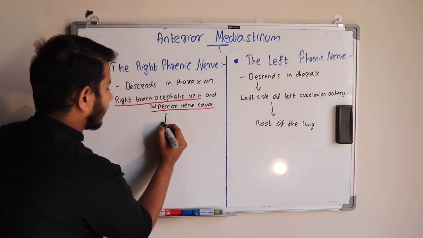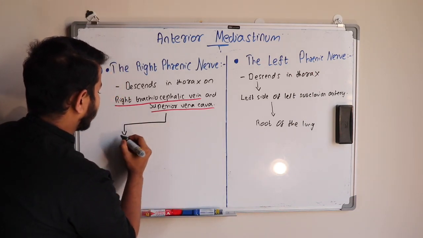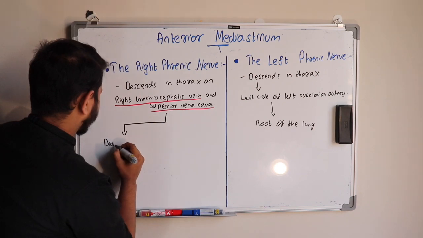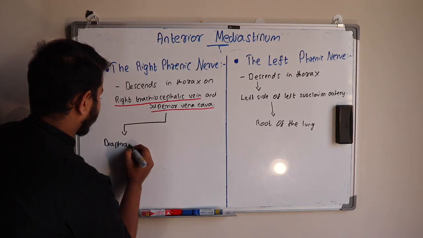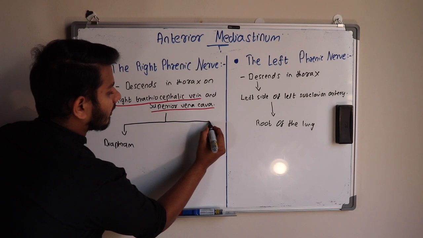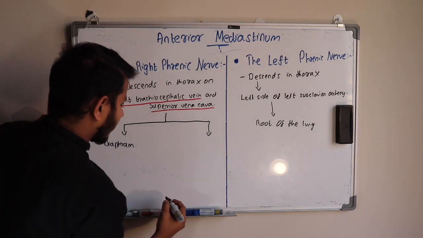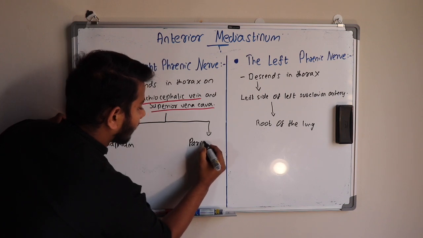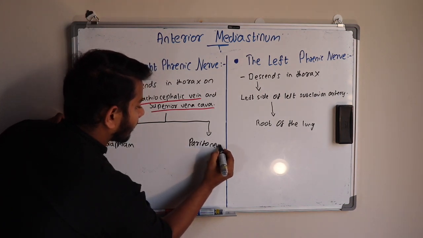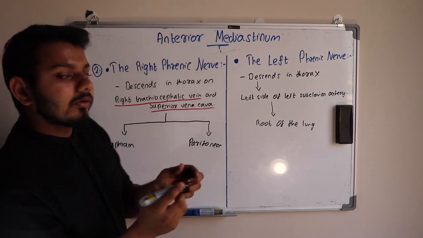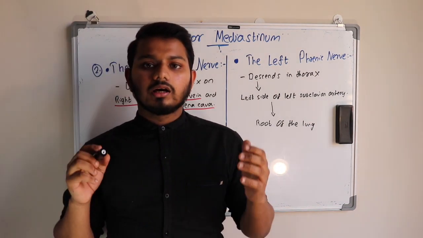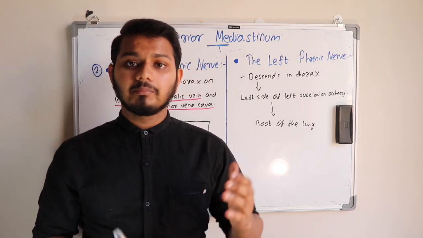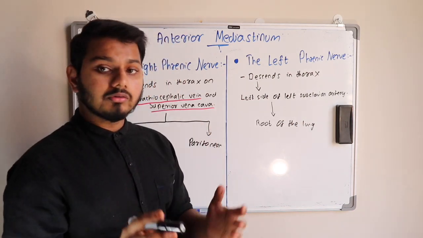First, it supplies the diaphragm, and the terminal part supplies the peritoneum. The peritoneum lines the abdominal cavity.